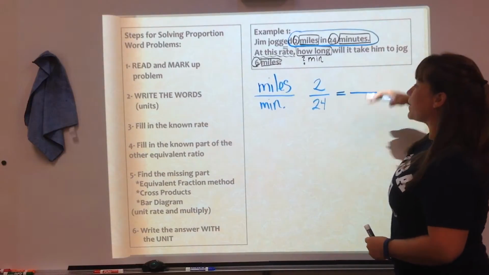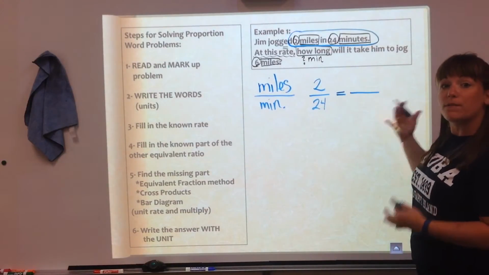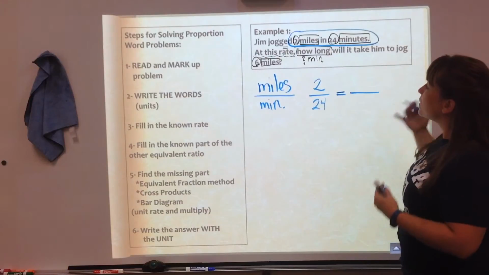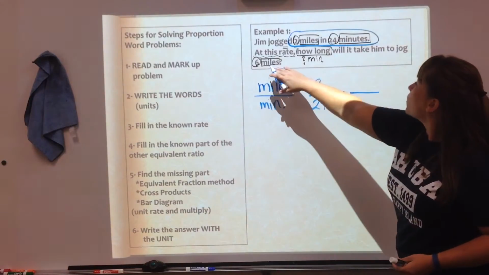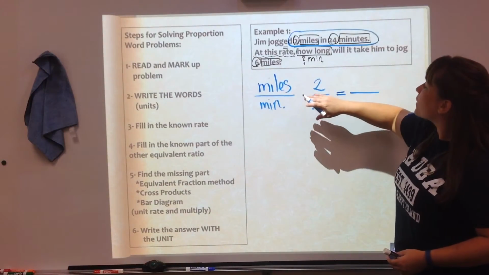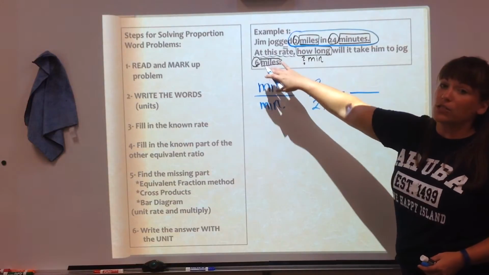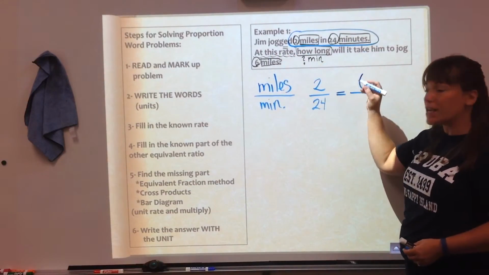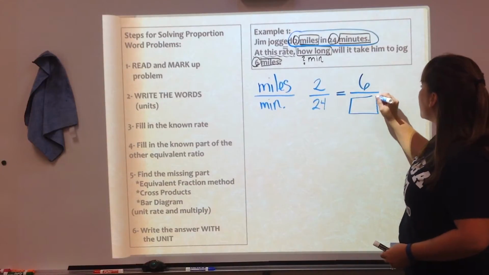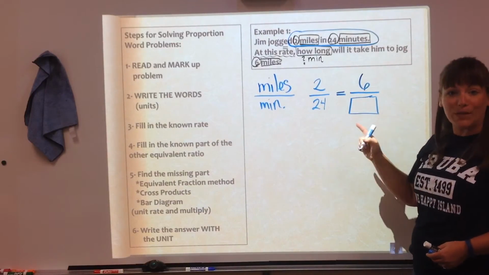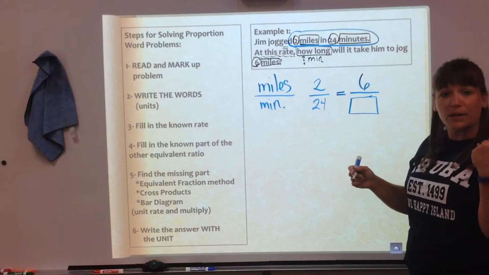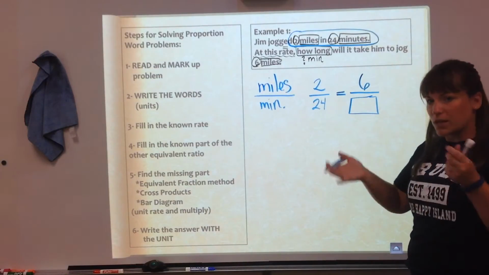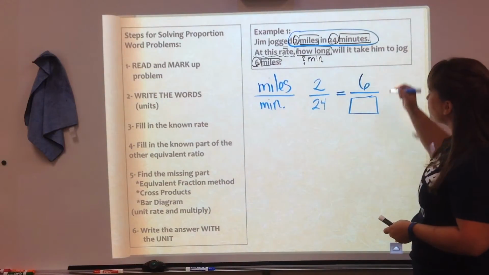We need to find one of these, but one of these units is given. We know he doesn't want to jog 2 miles. Now he's jogging 6 miles. So the numerator will get the 6, and the box, or the unknown, now is in the denominator. Before on your blue page, it was in the numerator. It can be any of those 2 spots.